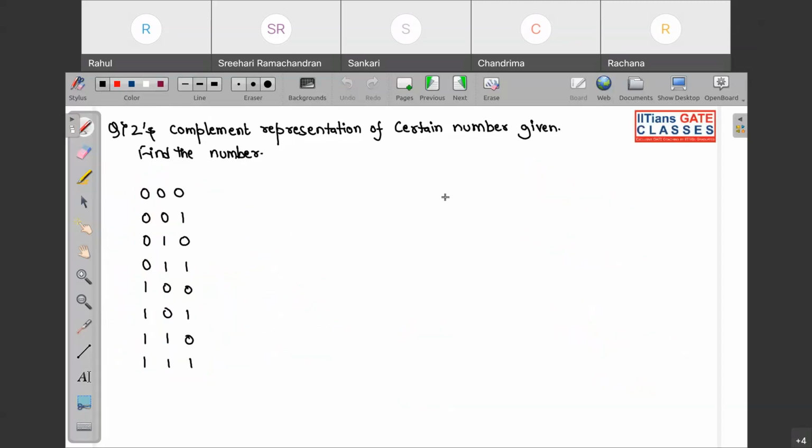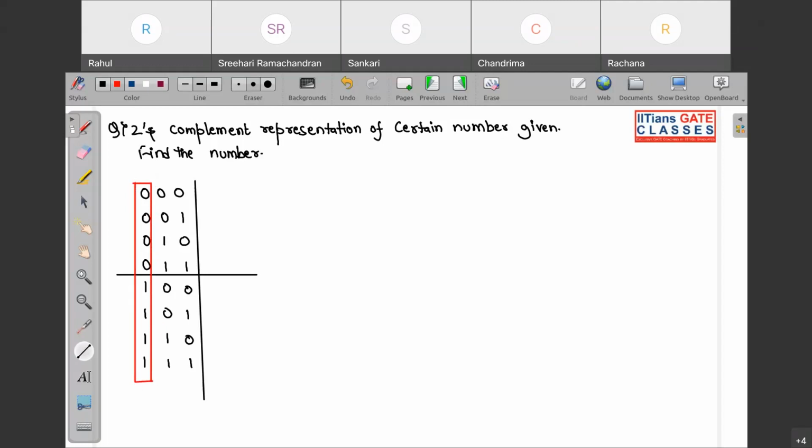So now for the same thing, let us see 2's complement. Very quickly calculate: these numbers are given in 2's complement representation. What numbers do they represent? Remember, the leftmost bit is still your sign bit.